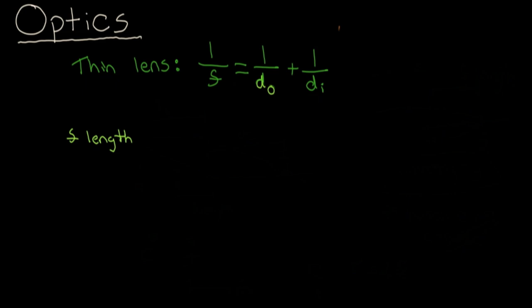Your focal length depends on the type of lens you're looking at. So for a concave lens, your focal length is going to be negative. For a convex lens, well, you might have already guessed it, it's going to have a positive value for your focal length. And that's just basically dependent on the lens.